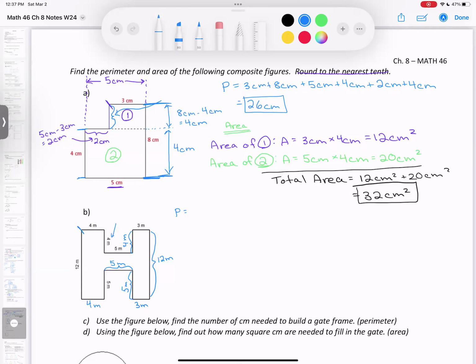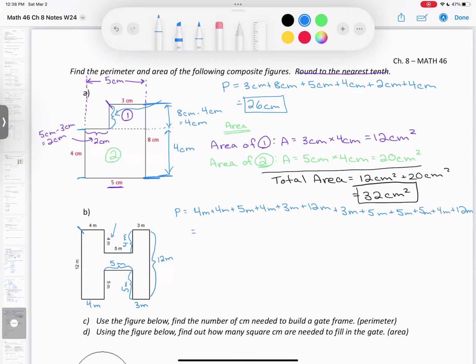I'm going to start here arbitrarily. You can start wherever you want. So for perimeter, I'm going to add up all those lengths. So we've got 4 plus another 4. And the trickiest part here is just remembering them all. 5 plus 4 plus 3 plus 12 plus 3 plus 5 plus 5 plus another 5 plus 4 and plus 12.